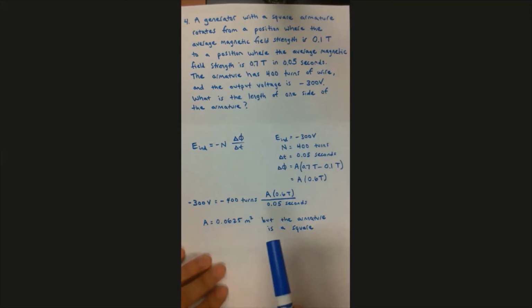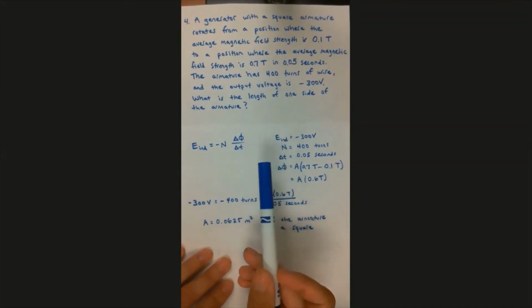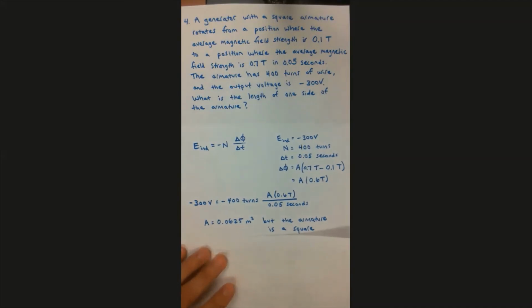That's what the units always are for area in Faraday's law. Okay, so we know the area of the armature, and the problem tells us it is a square armature. A square has 4 equal side lengths, right? So we know the area, and we know it's a square, so with that, we can solve for one side length of the armature.